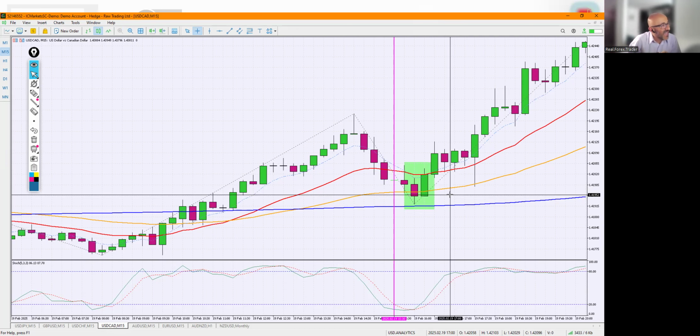In this case, it is exactly the same. Look at this. So both of them, the bear closed at 1.41948, and the bull opened exactly at 1.41948. All right, that is a strong indicator that we are seeing in this very moment a tweezer bottom.